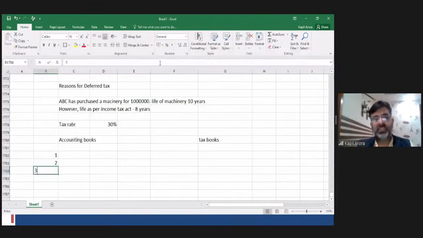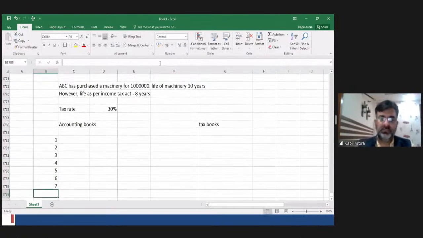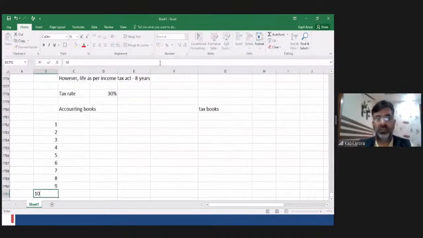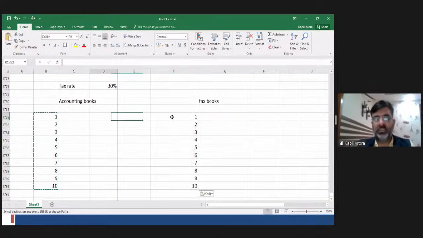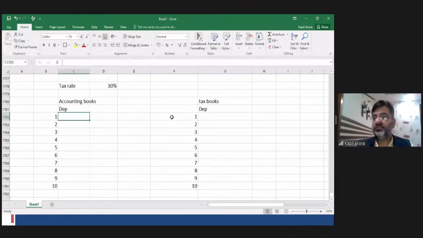What would be the depreciation in the accounting books for 10 years, and what would be the depreciation in the tax books?